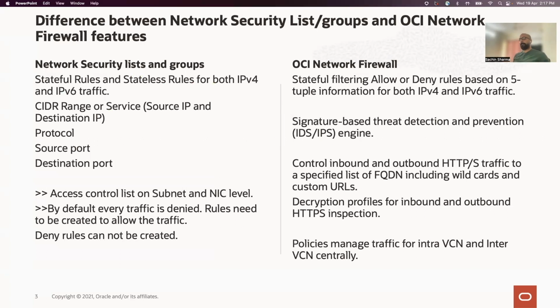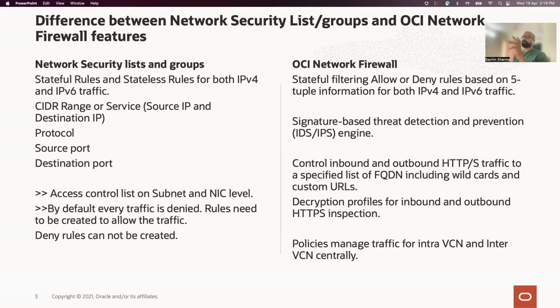It is 5-tuple security, depending on source IP, destination IP, protocol, source port, and destination port. It is nothing but an access control list for your subnet and your network interface card level. By default, everything is denied on these security lists and groups. Deny rules cannot be created. So if you want to allow something, you need to allow it explicitly.